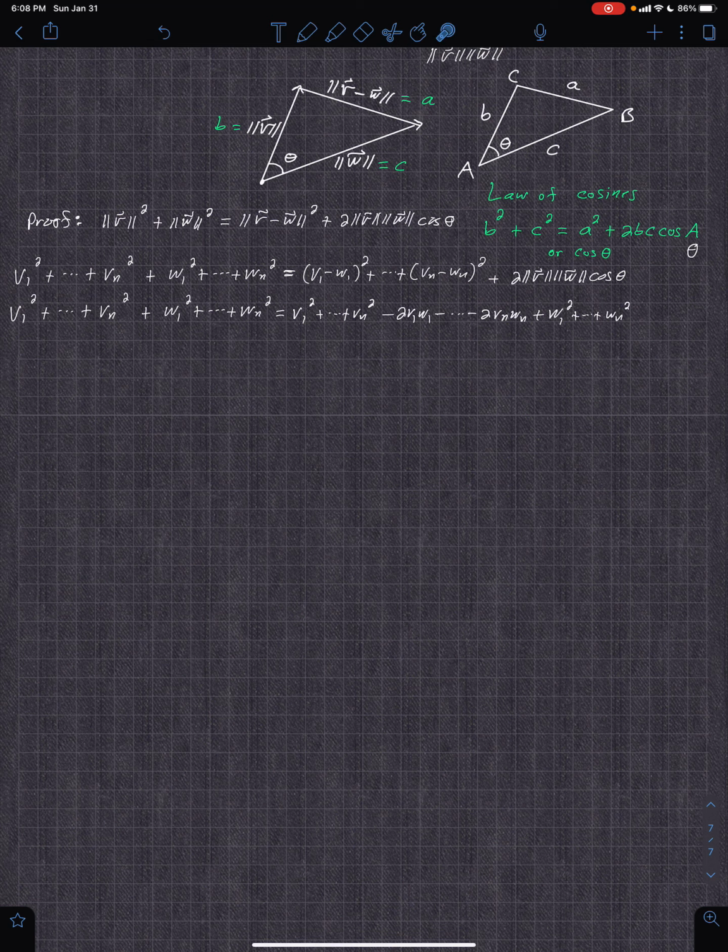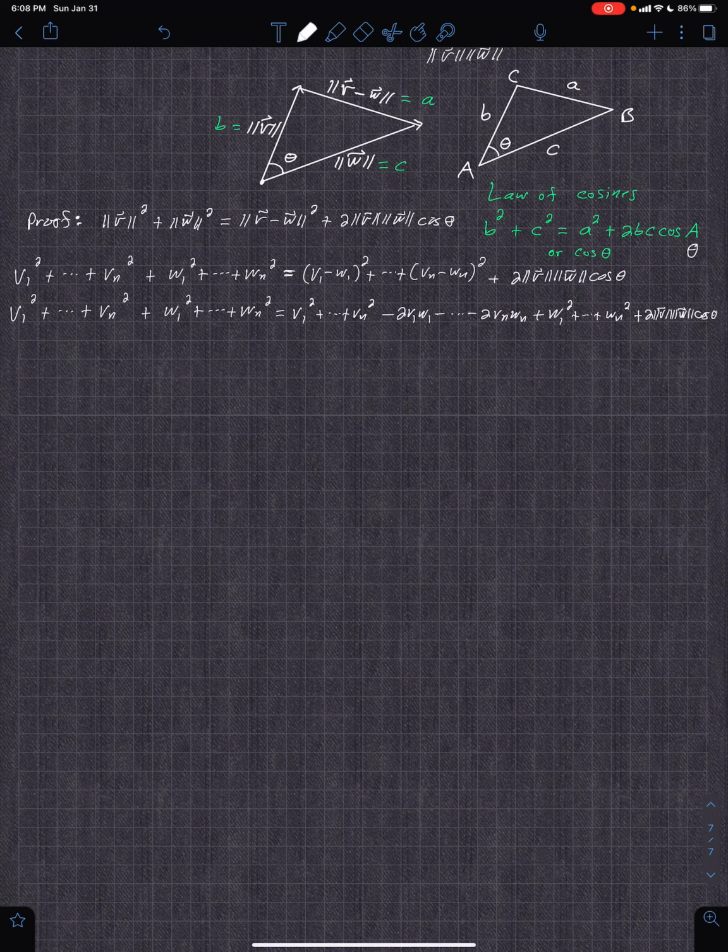That's when you do this product here, and then everything else in between. And then plus what's left there, 2 magnitude V magnitude W cosine theta.